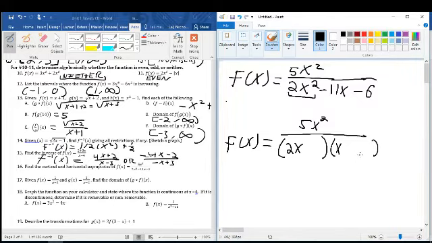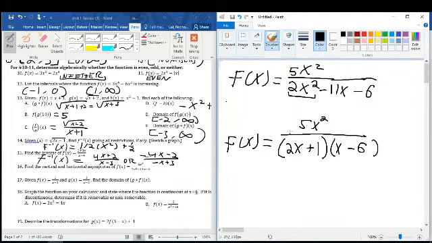So let's look at negative 6 and positive 1, which multiply to negative 6.